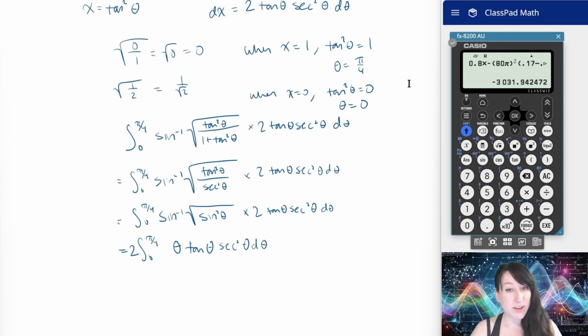Okay, that's a bit of a weird integral, but we could consider integration by parts, since theta is kind of like an x. If you make that the u, that derivative will disappear. And we can integrate tan secant squared d theta, so that could be our dv.